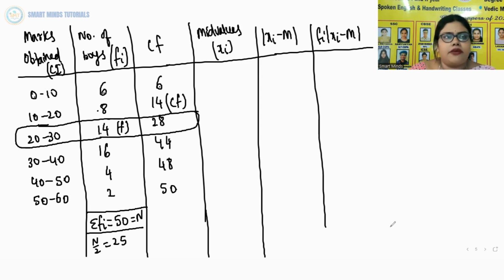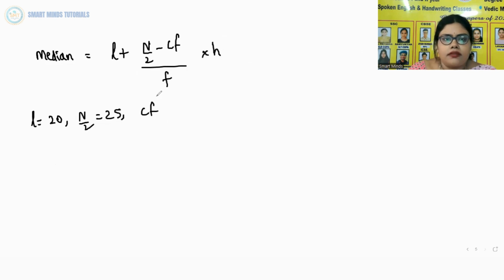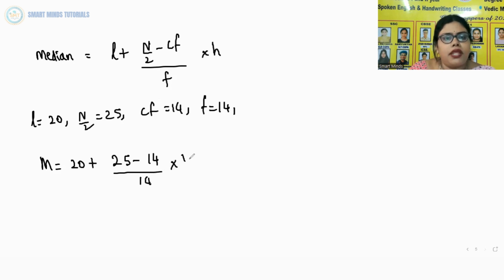So 14 is CF, and then F is equal to 14. Now let us find out median. Substituting the values, median is 20 plus (25 minus 14) by 14 into 10. First you solve this.